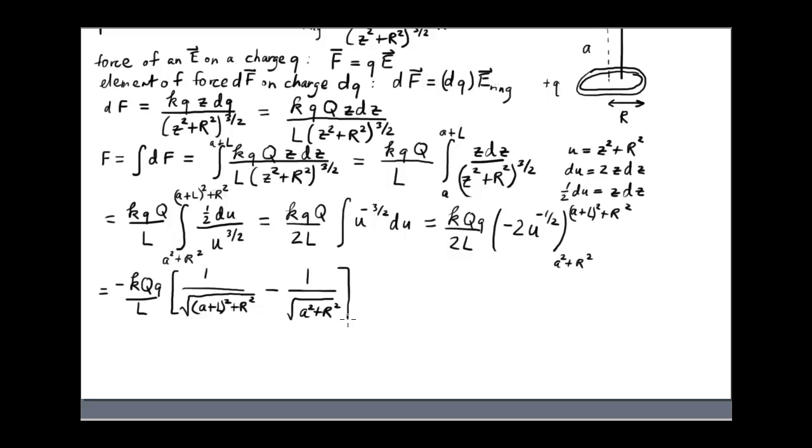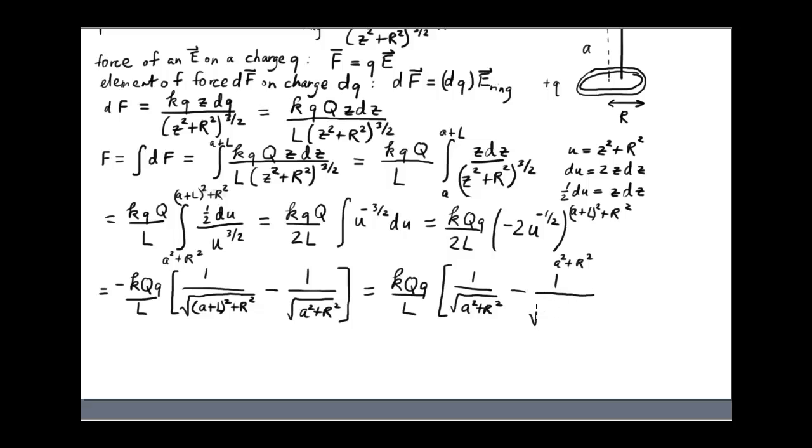And the only thing I'll do with this, I get the minus sign out front, and I'll just rewrite this as k q over L, and then reverse the order of what's inside the brackets. Not necessary, but it will make it clear that my answer is indeed positive.